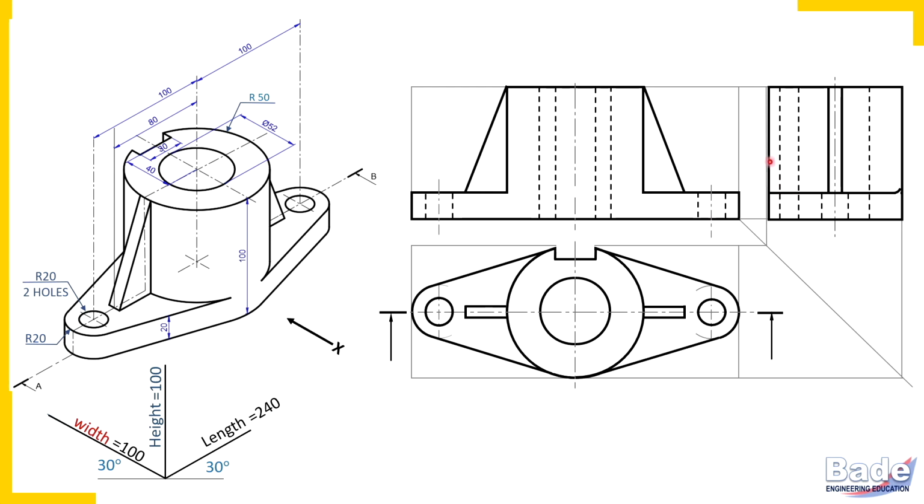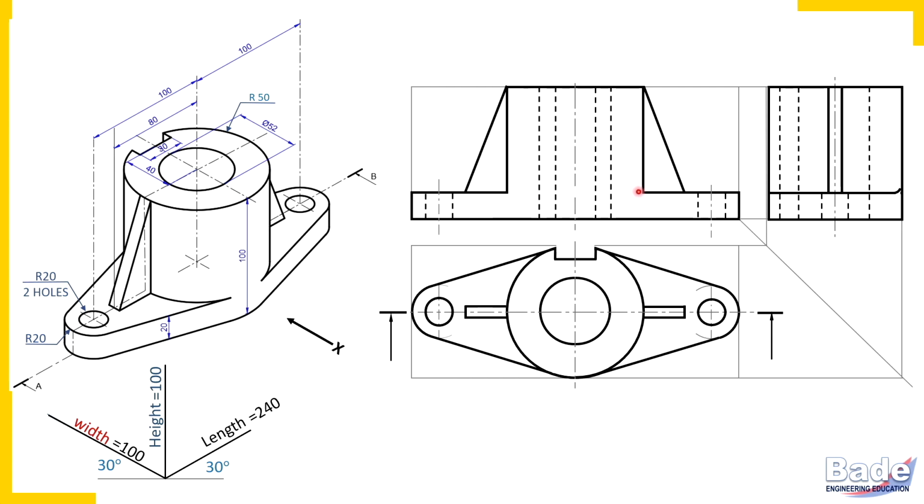Watch here in the side view, this is the cylinder and under the cylinder this is the base plate. So this line is the boundary between the two portions. Such a boundary was there initially, these edges. Watch here, right now I have removed those edges.